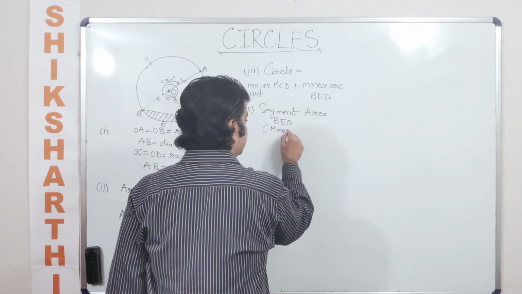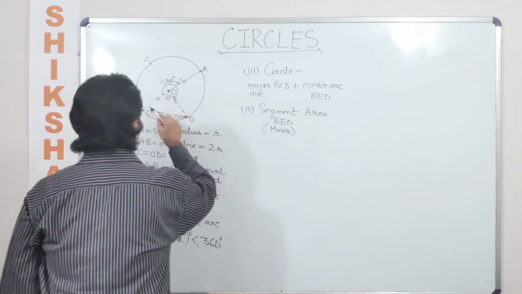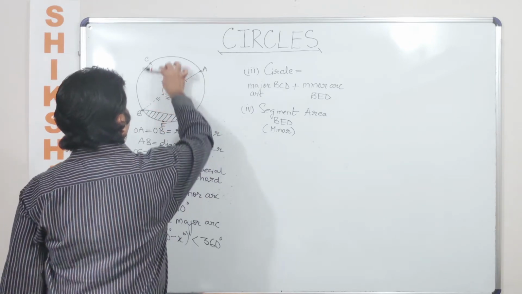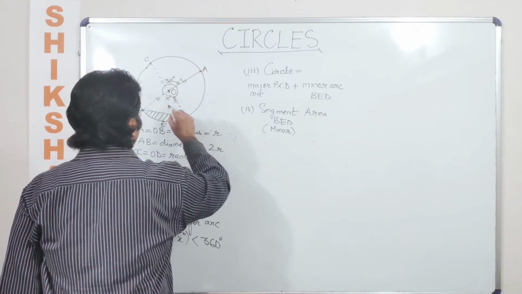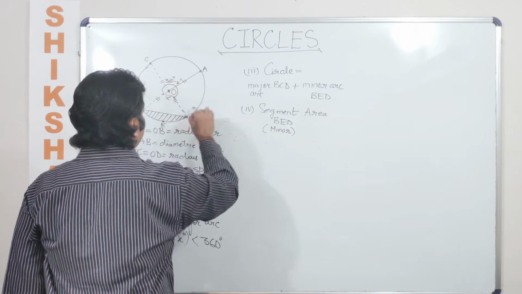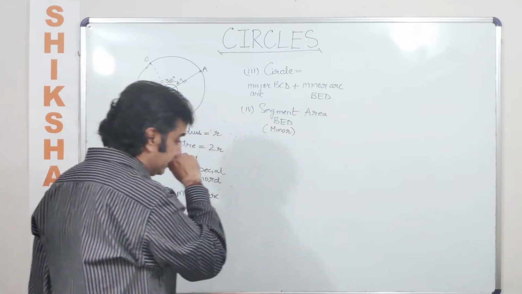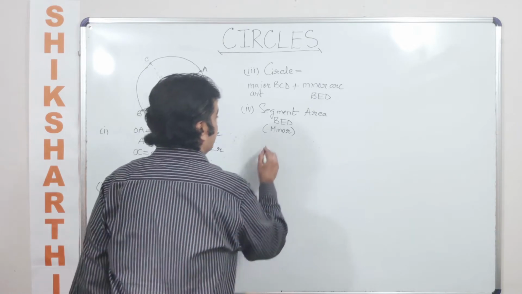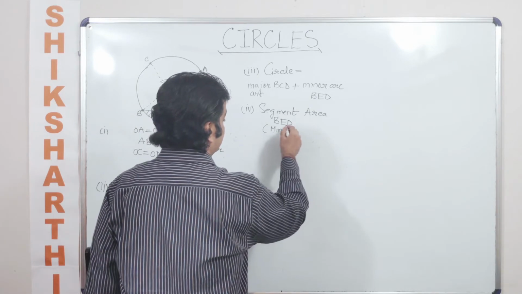And then you have the major segment also. So what is the major segment? The remaining part, the entire portion. If I had to shade this entire thing, the remaining part results into the major segment area.